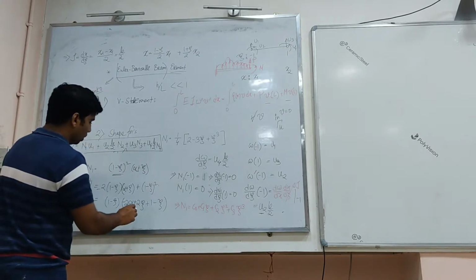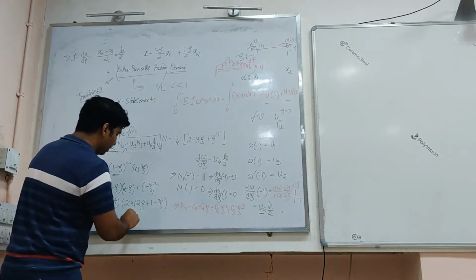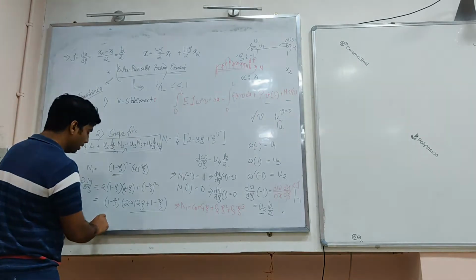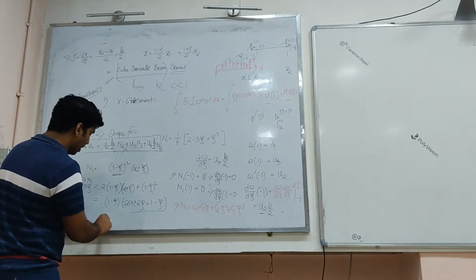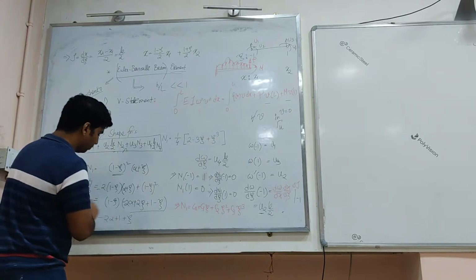So this should be minus 2 alpha plus 1 plus Xi.